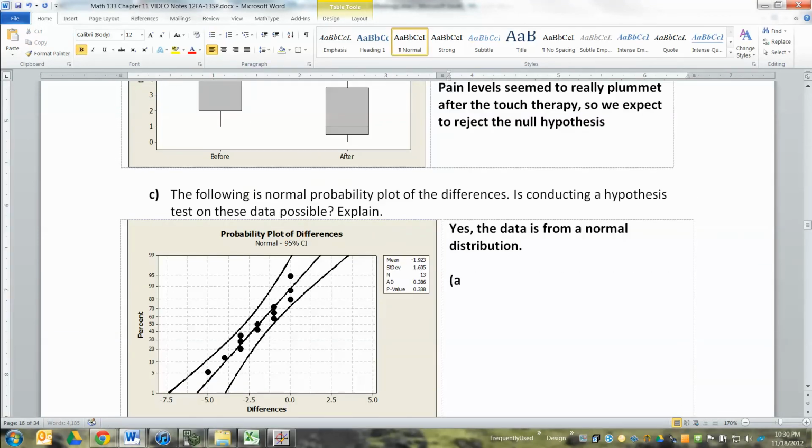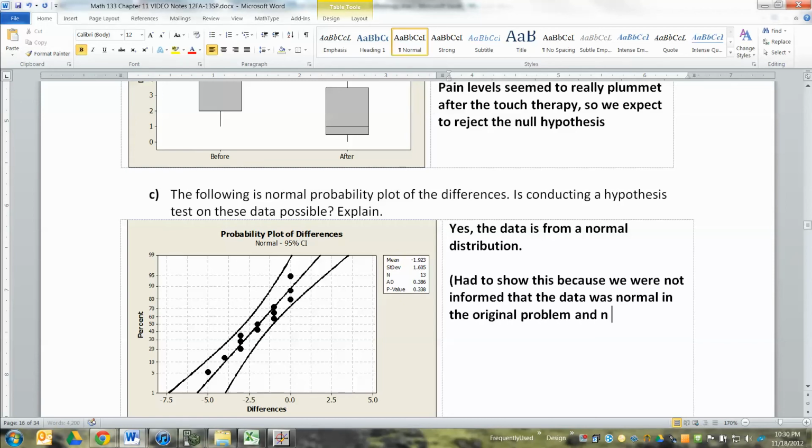We had to show this because we were not informed that the data was normal in the original problem, and n is less than 30. All right?